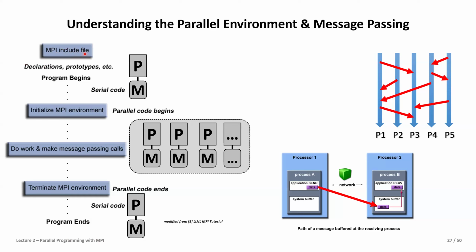We have the MPI include file, but that doesn't make it parallel. So we have prototypes, we have declarations, then somehow the C program begins, but it's still serial code. But there are certain statements, and these are MPI init and also MPI finalize.